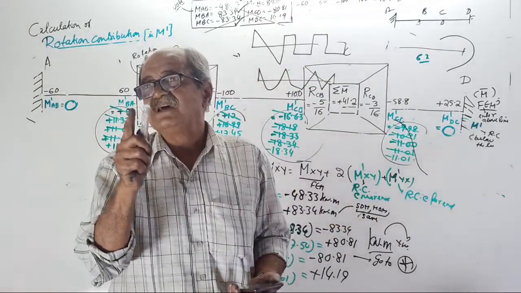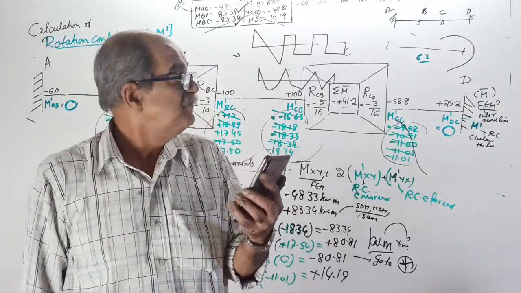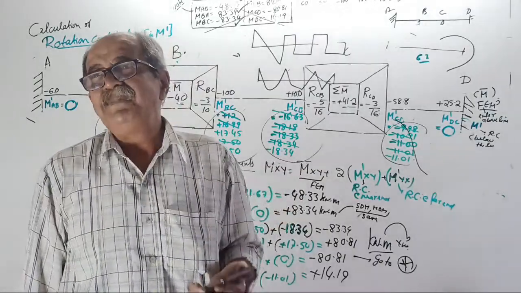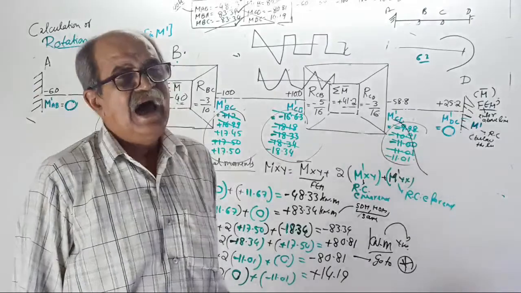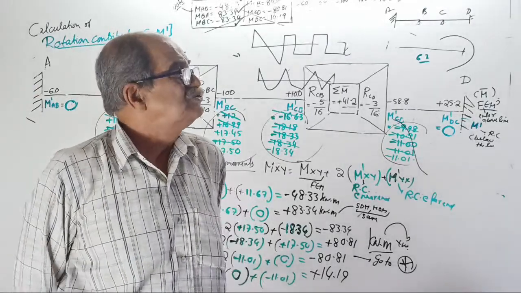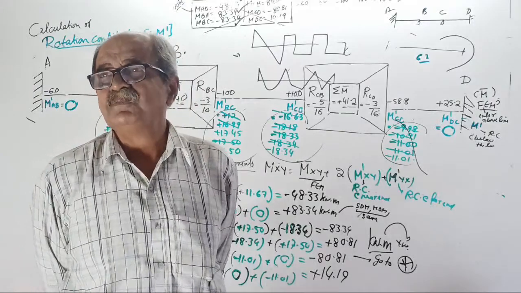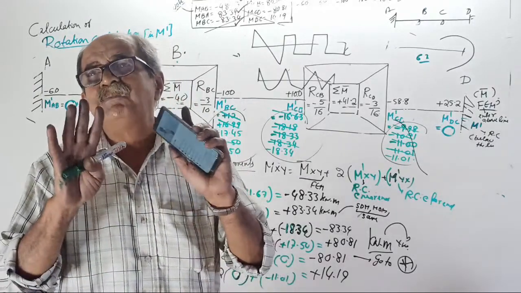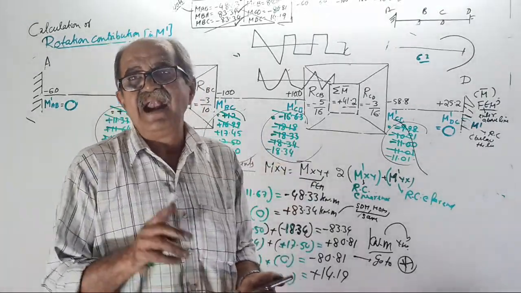Next time onwards, I will tell repeating value how much. Clear? Repeating value, I know how to get by LT method. I got the tricks. When I solve by LT method, I will apply a trick and get the values by Kani's method. You never bother about trick. You solve the question and correctly understand.